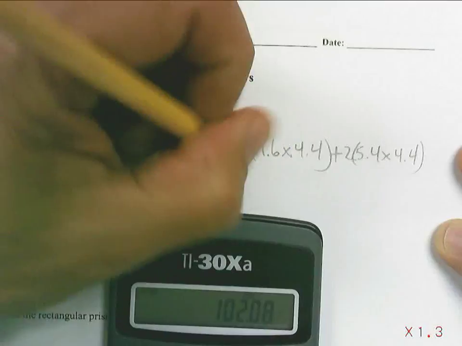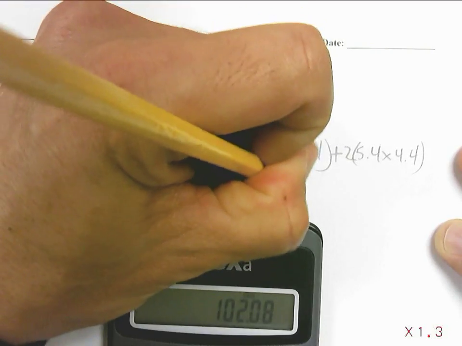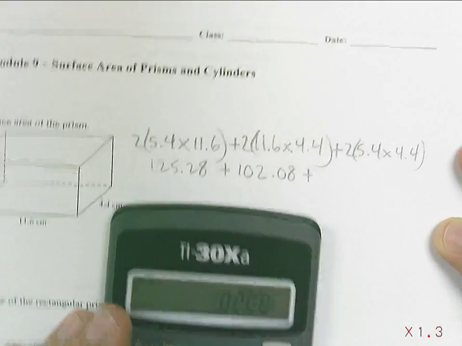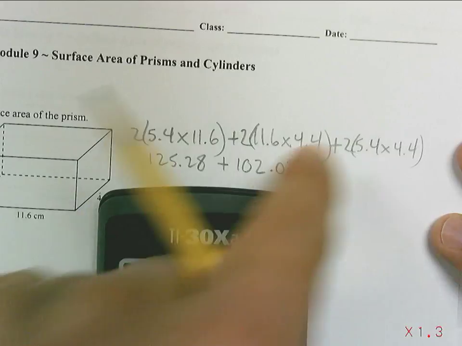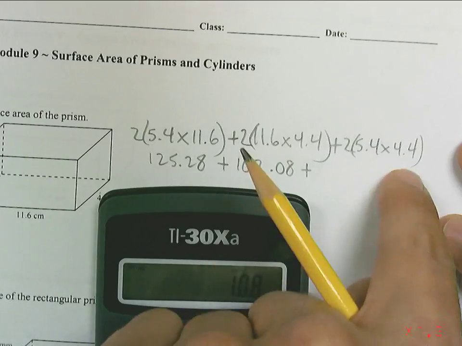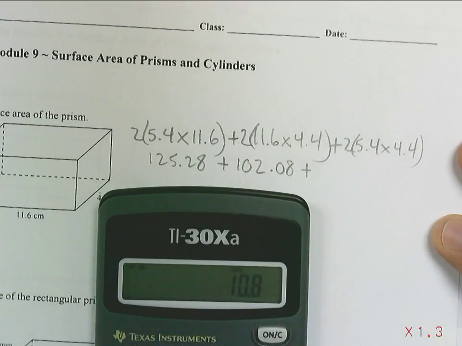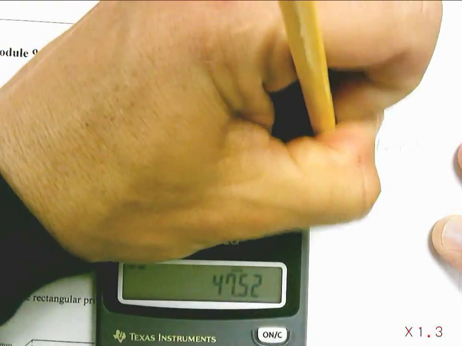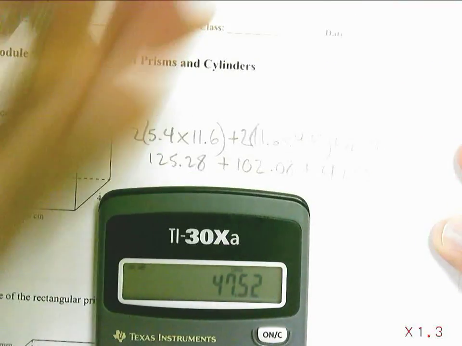102.08. Plus 2 times 5.4 times 4.4, 47.52. Add them all up.